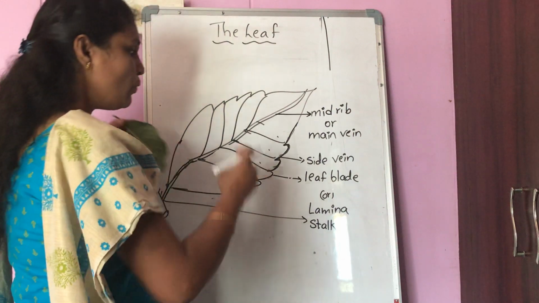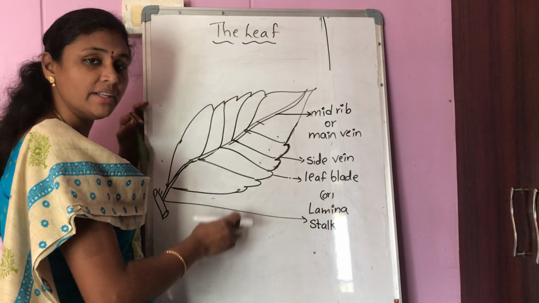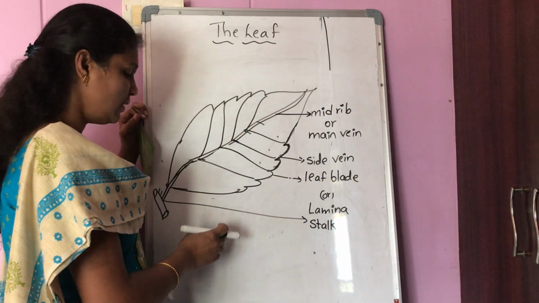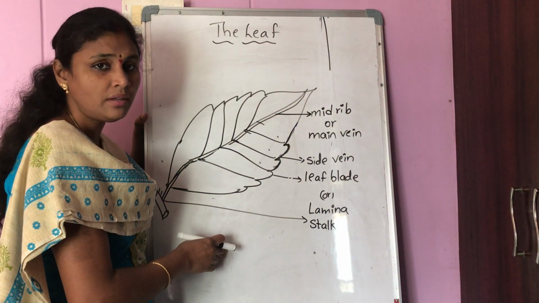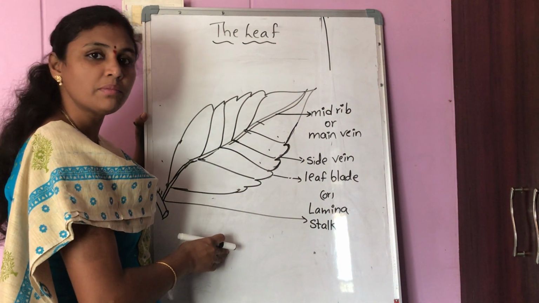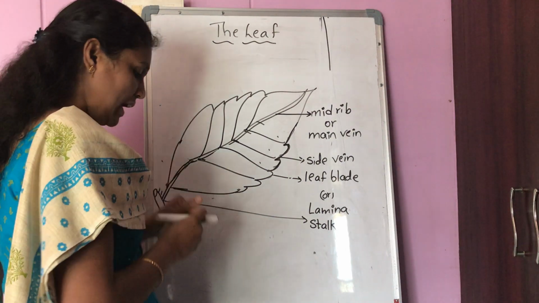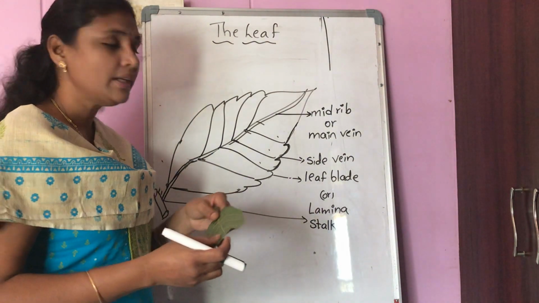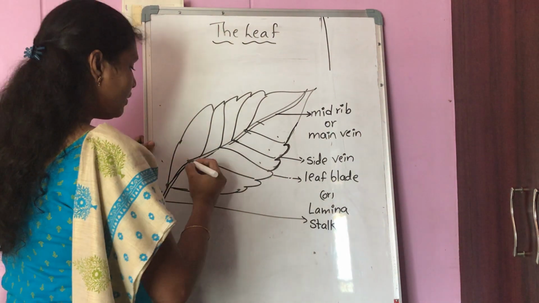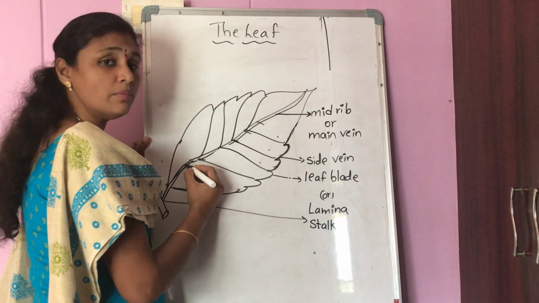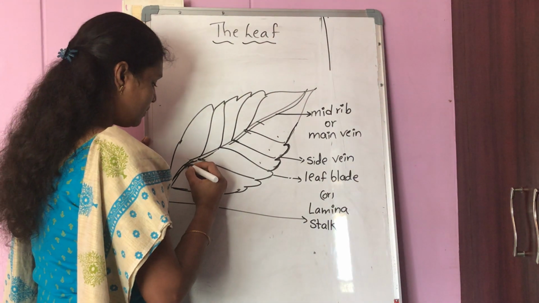Okay. Now we will be discussing the different parts of the leaf. Leaf is the most important part of the plant. Now the middle one, can you say this middle one?